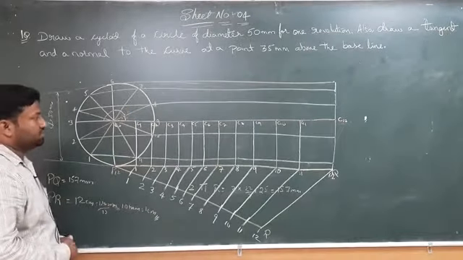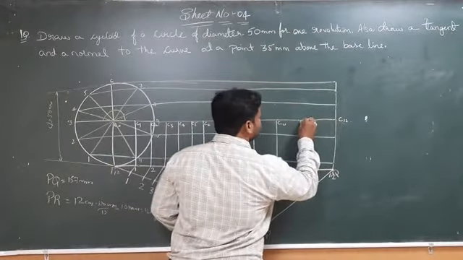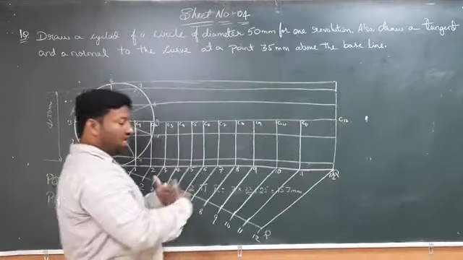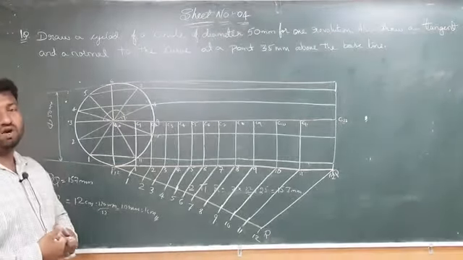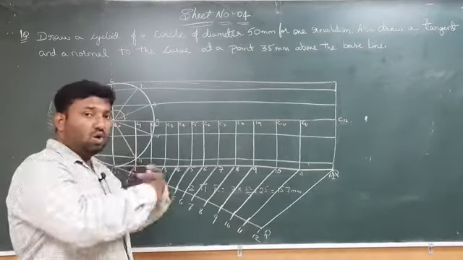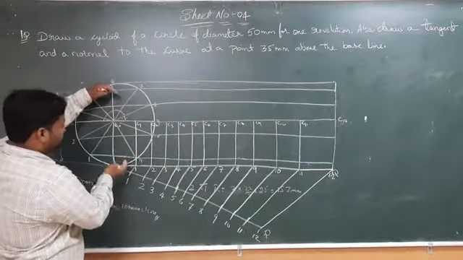After getting the center points, now we have to draw the points. We have to cut the arc for the rolling circle. Suppose this circle is here from the center.